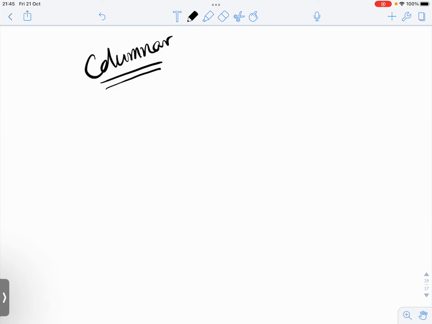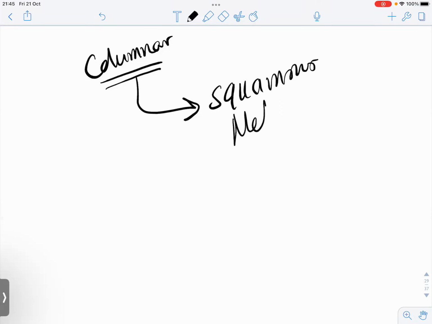So the columnar will turn into squamous epithelial tissue inside the bronchi. We call this squamous metaplasia. Is it reversible? Of course. Stop smoking, and then the squamous metaplasia will die off and transform back into columnar.